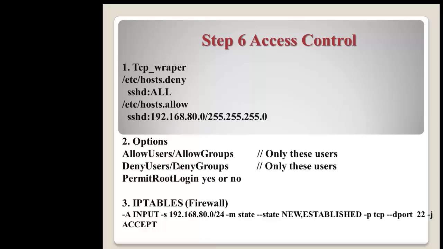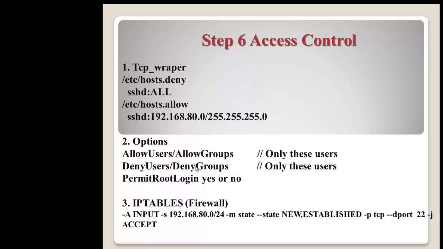And the second, in the SSH main configuration file, you can use these: AllowUsers, AllowGroups, DenyUsers, DenyGroups, PermitRootLogin yes or no. AllowUsers and AllowGroups mean only these users or groups can access the SSH server.